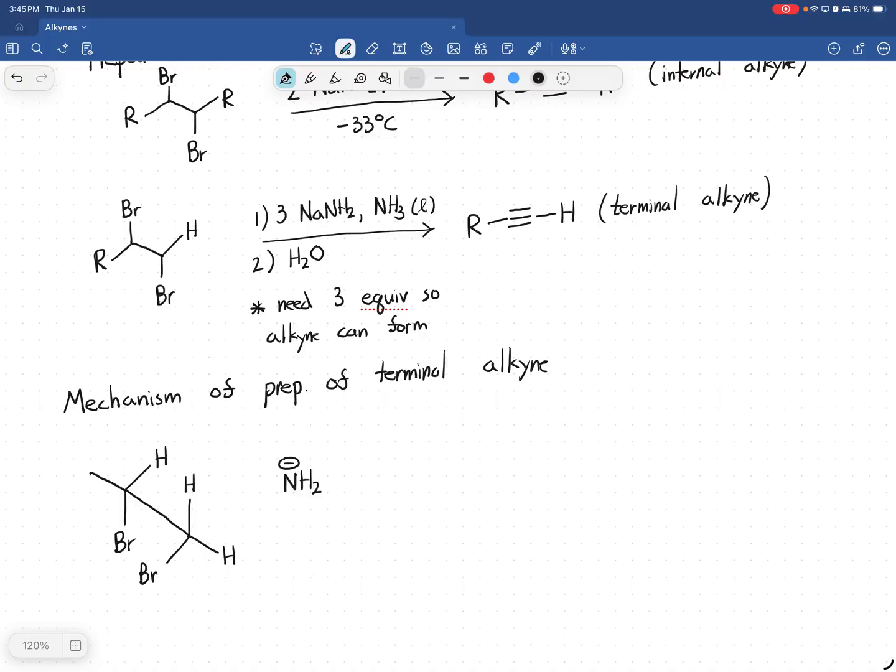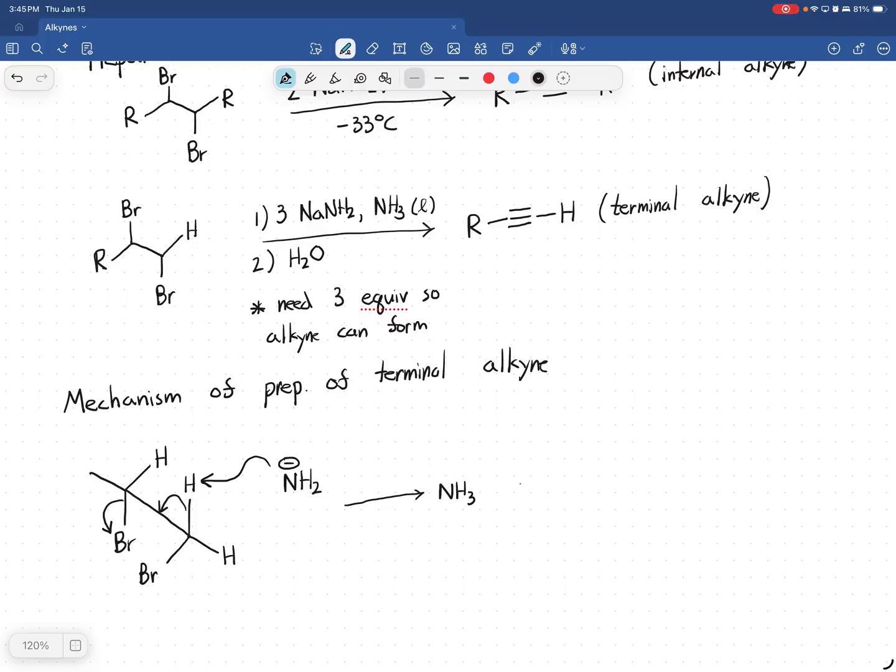So this reactive sodium amide, that's the reactive form of it. It's going to take one of these bromine hydrogens and then eliminate one of the bromine atoms on the opposite side. Okay? And then what do we get is first the sodium amide will turn into ammonia.